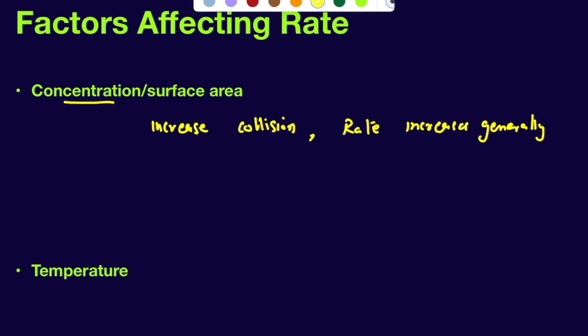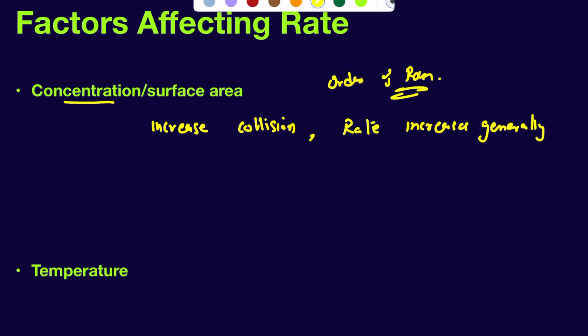That's a question for a separate video. But generally speaking, you want to make sure you know that as you're increasing the concentration, your rate also goes up because of the increased amount of collisions. And this is where you start getting the orders of the reactions and stuff like this. The order of the reactions comes from the concentration.